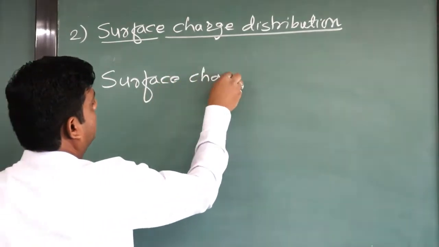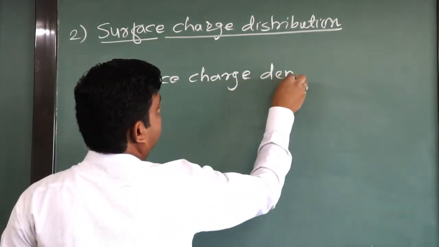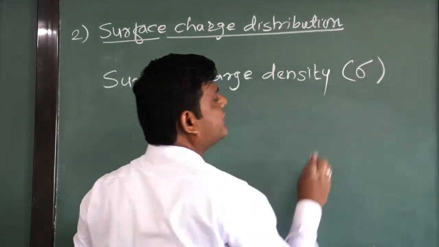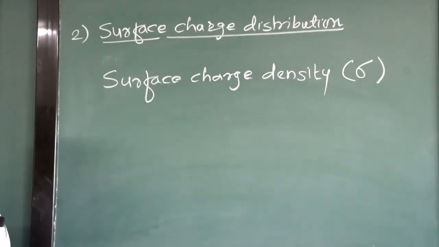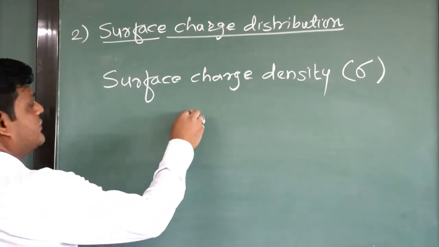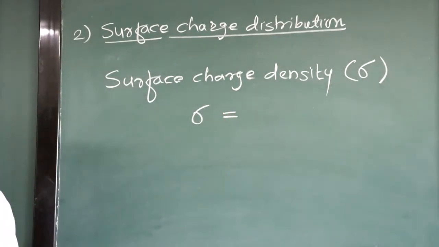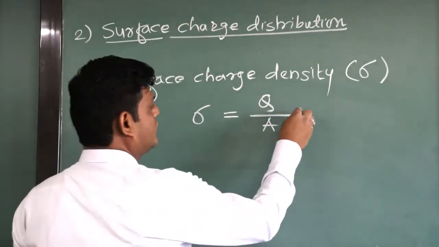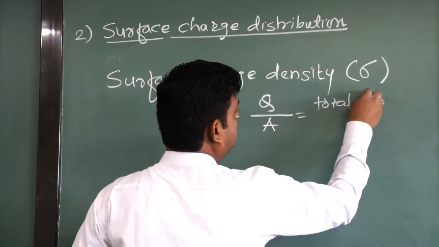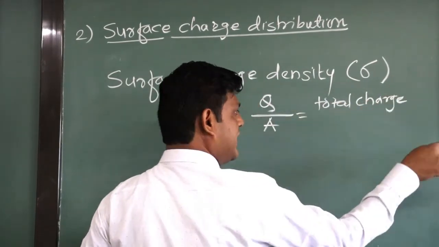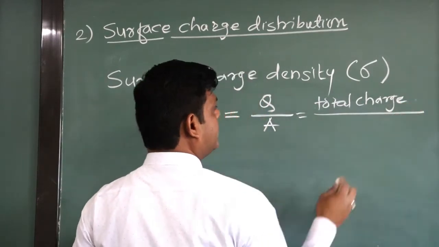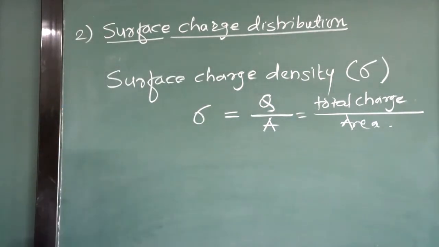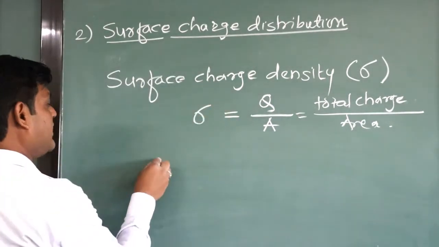The symbol for surface charge density is the letter sigma, right? Sigma equals charge per unit area, so total charge on the area divided by the area. So this is sigma, the surface charge density. What is the SI unit?